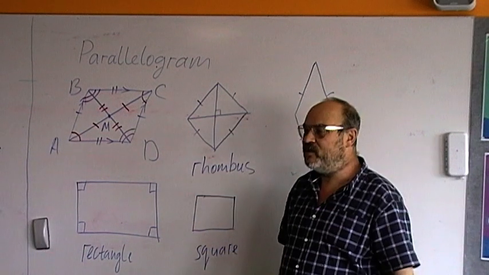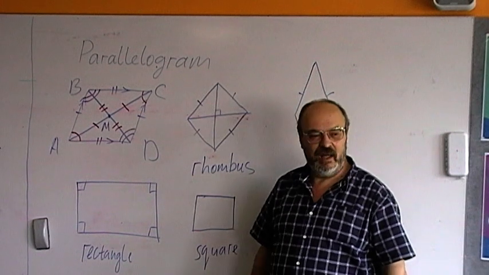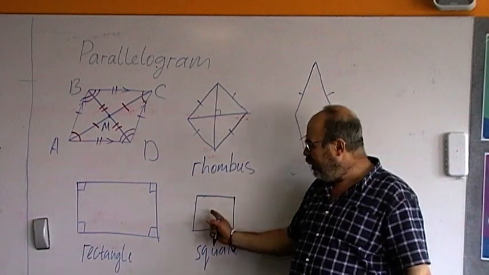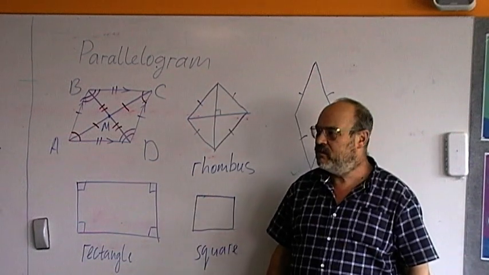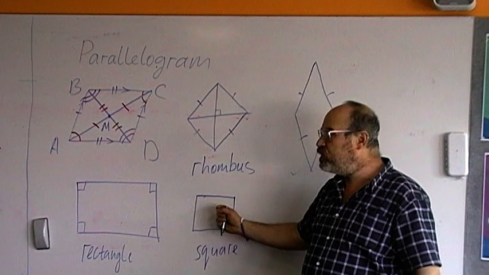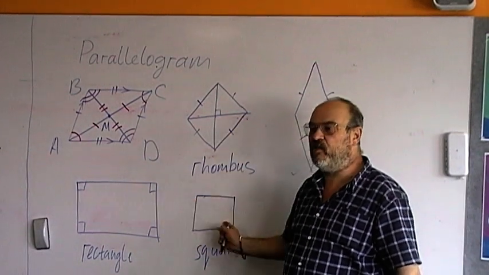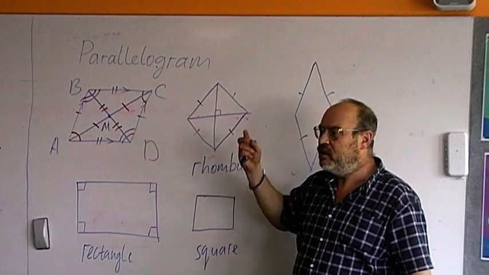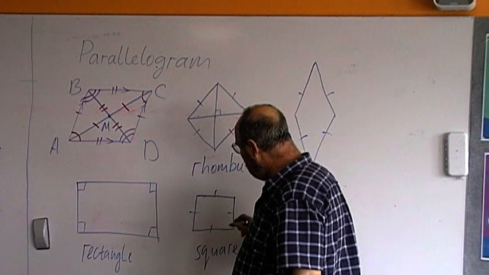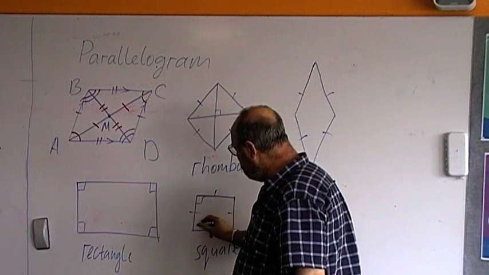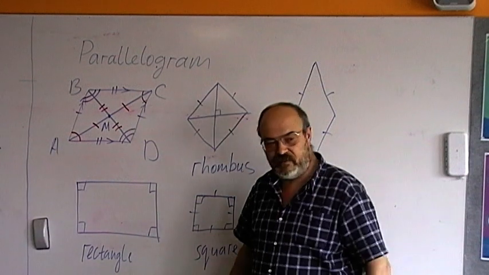Rhombus has all sides equal, and square has all sides equal. It's a rhombus where all angles are 90 degrees. Is square a rectangle? A square is a rectangle, but a rectangle isn't a square. Is square a rhombus? Yes. Is square a rectangle? Yes. Is square a parallelogram? Yes, it has its opposite sides equal and parallel, all angles 90 degrees, and it has some extra features.